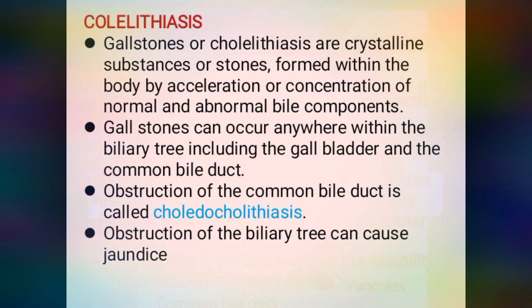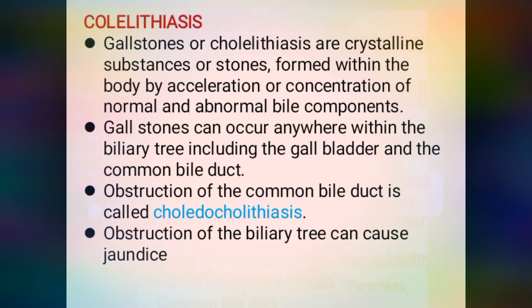And the obstruction of the biliary tree because of these stones is what we call choledocholithiasis. So when you're talking about choledocholithiasis, you're talking about the obstruction that is going to happen within the biliary system due to the presence of the stones that have been formed.